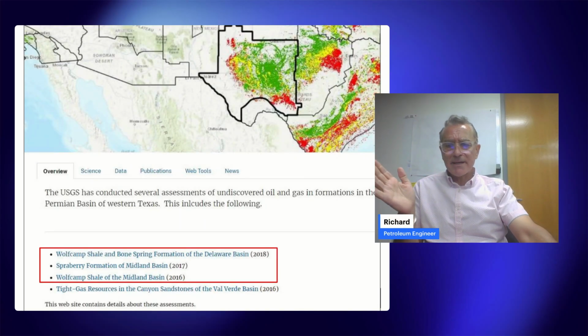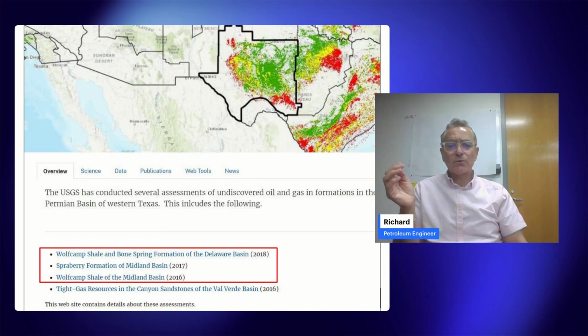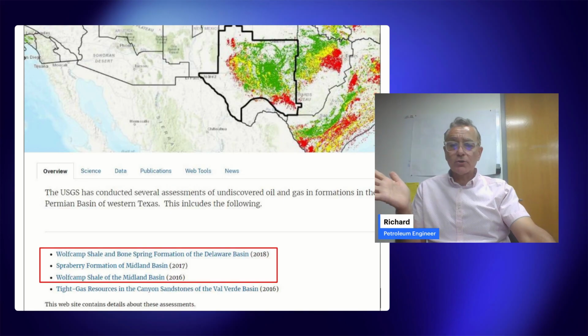Now, this information all comes from the U.S. Geological Survey, the USGS, and what the USGS has done is they've conducted several assessments of undiscovered oil and gas formations in the Permian Basin of West Texas, and this includes 3 very, very salient studies about the Wolfcamp shale and Bone Spring formations of the Delaware Basin.